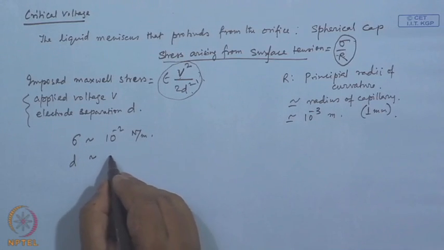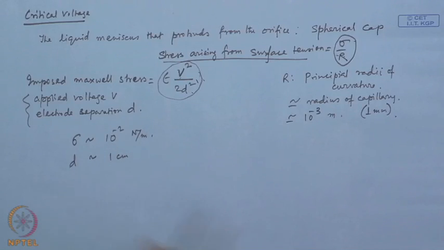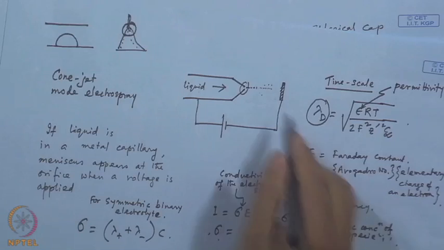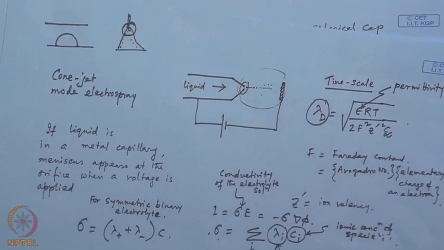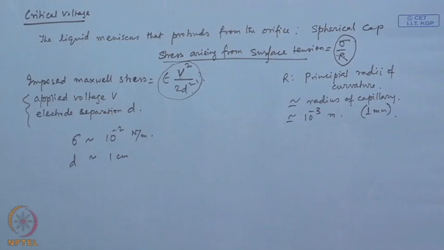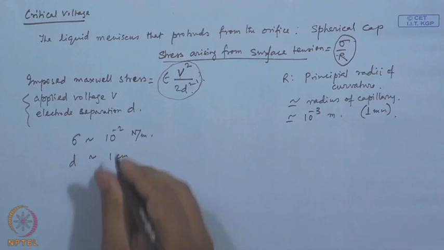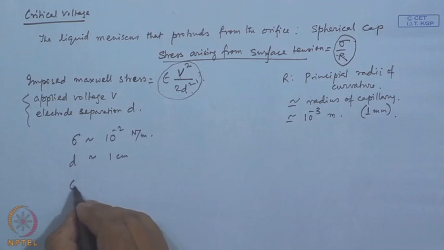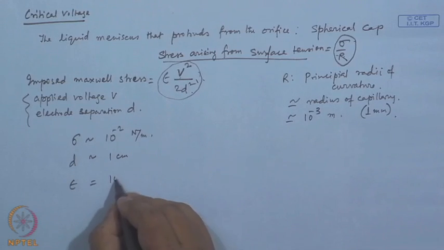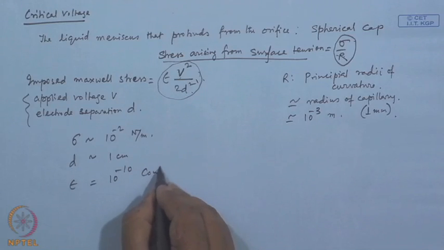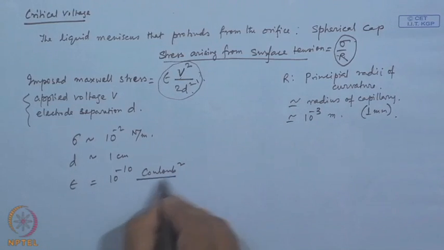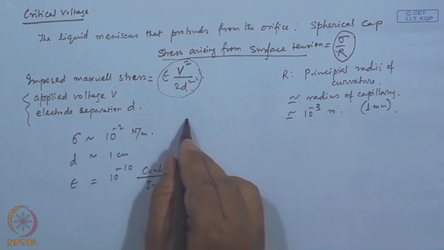Then epsilon is commonly taken as 10 to the power minus 10 Coulomb square by Joule meter. So, in that case, you will find this critical voltage.